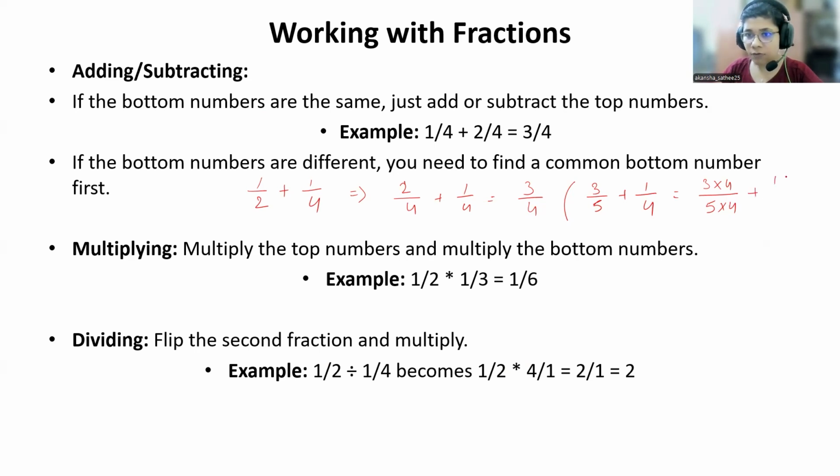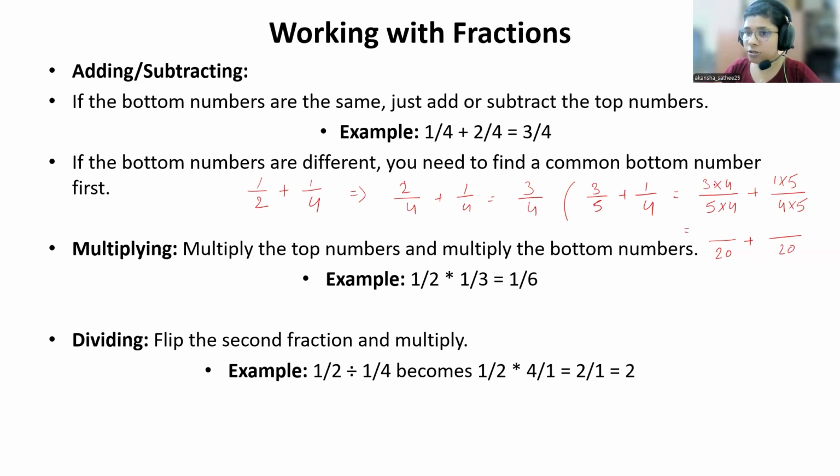Plus 1 into 5 and 4 into 5. So what I did, I multiplied this fraction by 4 in the numerator and denominator, and this fraction by 5 in the numerator and the denominator. Now you can see that the denominator is the same. So the denominator for both fractions is 20.